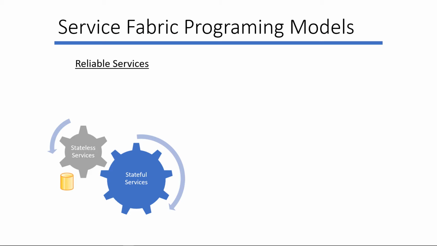Stateful services store their data in reliable collections based on the IReliableDictionary interface. It is important to note that while simple to use, as we will see, stateful services are quite different from the typical programming model used in most cases, and as such, you should fully understand them before using them.